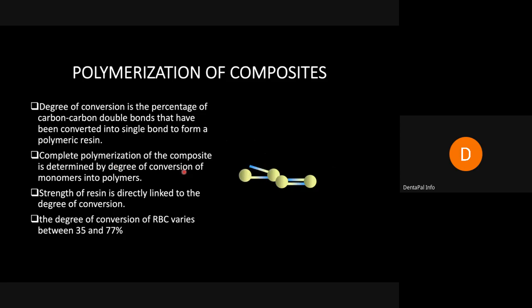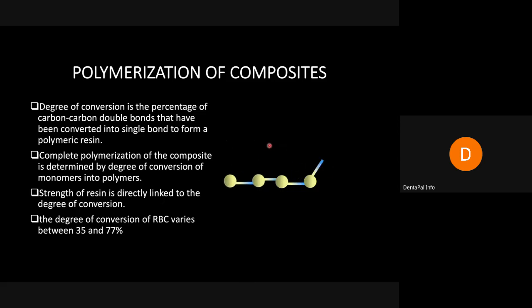Complete polymerization of composite is determined by the degree of conversion of monomers into polymers. We wish to have 100% degree of conversion. Actually, this is going to be the perfect type of composite. But unfortunately, in the market now, we have composites that have conversion rates up to 77%, which means part of the monomers will be free and will not enter the reaction.